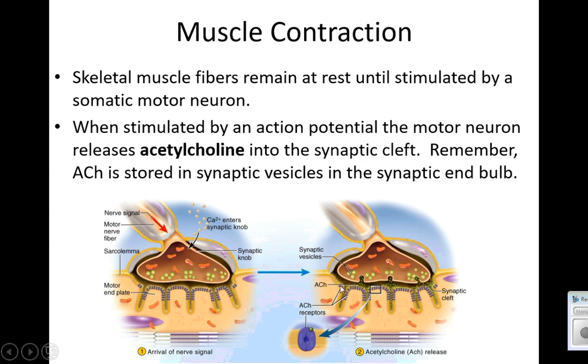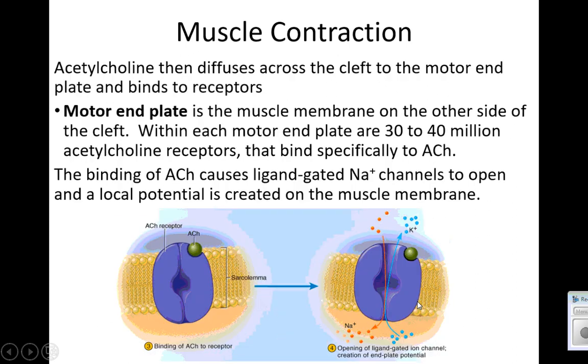Across this cleft, we have this invaginated region of the sarcolemma, which is called the motor end plate. That's the fancy name to describe the plasma membrane that's going to receive the acetylcholine.